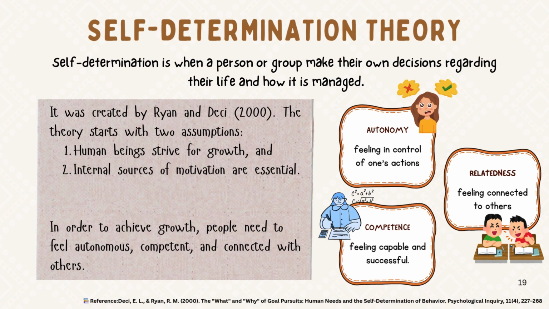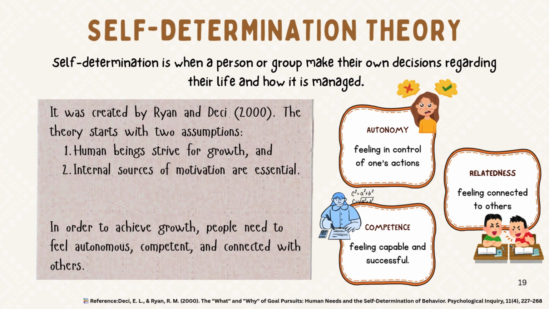In the context of learning, it means that students feel empowered to take responsibility for their education and pursue learning for its own value, not just for grades or rewards. This sense of ownership leads to greater engagement, higher achievement, and long-term growth.